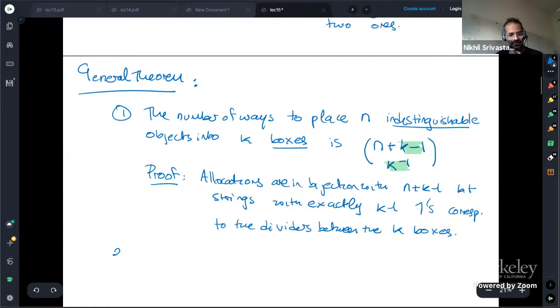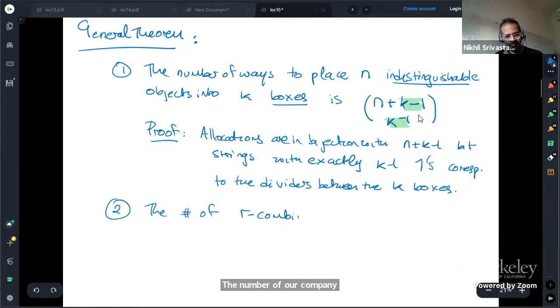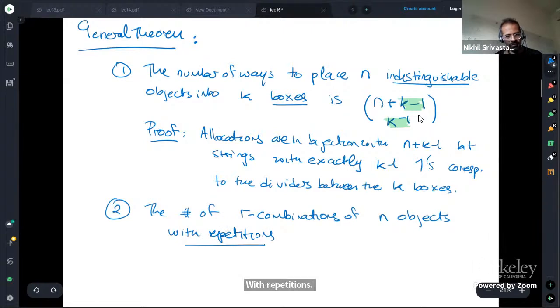And then the second part of the theorem, which is just an immediate conclusion of this, is that the number of r-combinations of n objects with repetitions is n plus r minus 1, choose r minus 1.